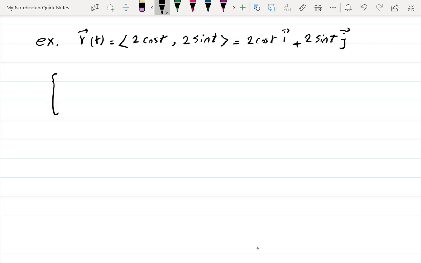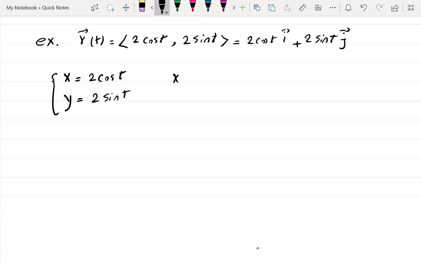If I set x equal to the first component, 2 cosine of t, and y equal to the second component, 2 sine of t, this form is called the parametric form of the vector function.